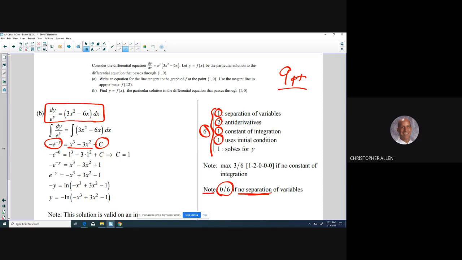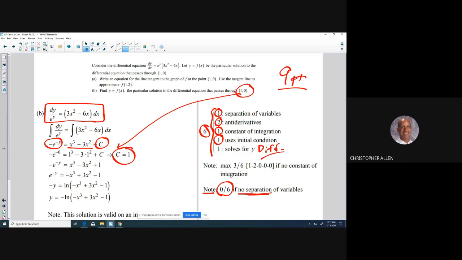The next point, the 5th point, use the initial condition. In other words, plug in the 1, 0 to figure out what c is. There's 5 of the 6 points. The last point is the hardest point. This one is the most difficult. And it has nothing to do with calculus, unfortunately.